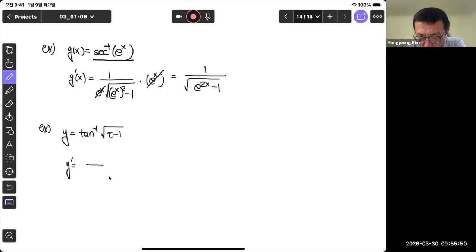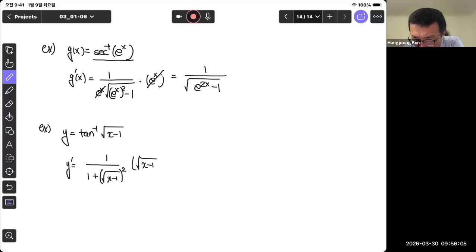So you get 1 over 1 plus the inner function squared, multiplied by the derivative of square root of x minus 1. In other words, you need to multiply by the derivative of the inner function.